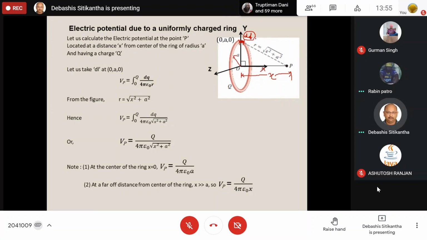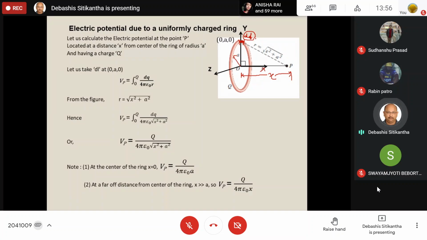Yes, d very small, we'll consider it as a portion. dl is an infinitesimally small length. No, I haven't told you like this. I have told you very precisely one important thing. Whatever I am telling you, since you all are in first year, this is your fundamental science, so these things you have to remember.